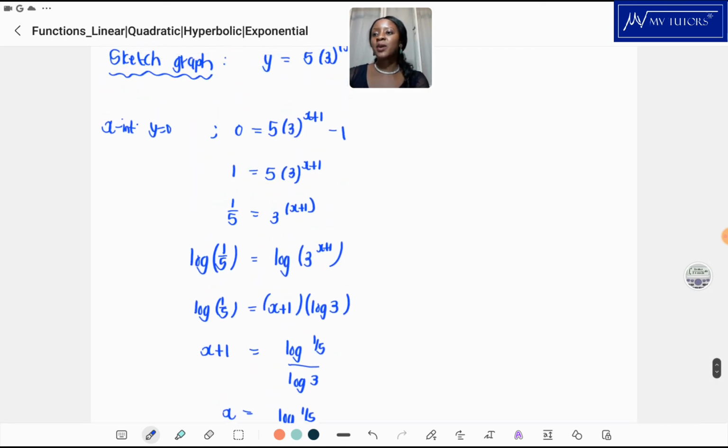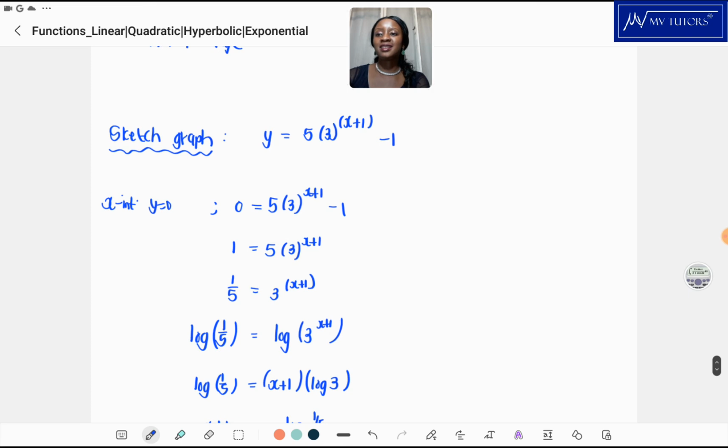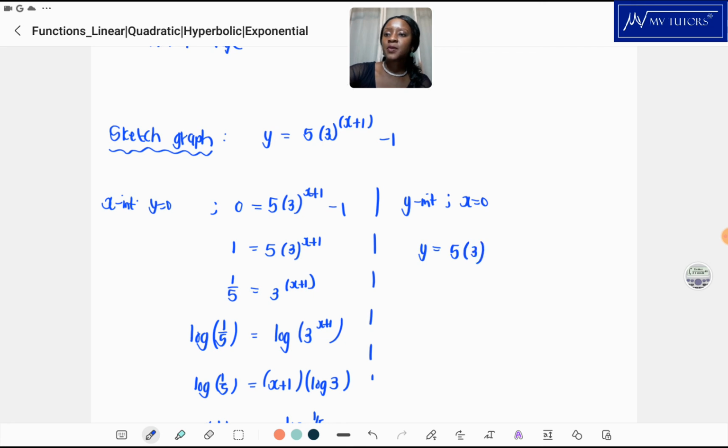Now let us go to the y-intercept. Hopefully that will be a little better. I'm just going to do it on the side. So y-intercept, that's basically where x is equal to 0. So I have y is equal to 5 times 3 to the power 0 plus 1.